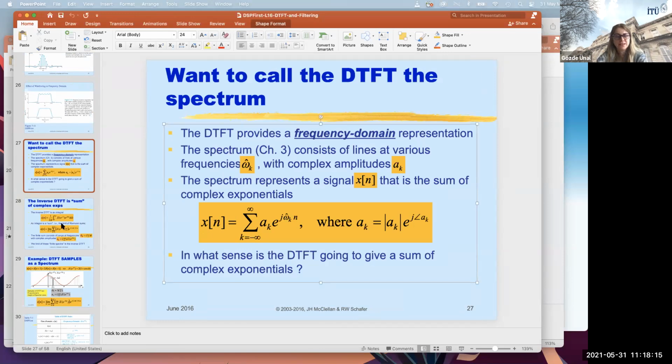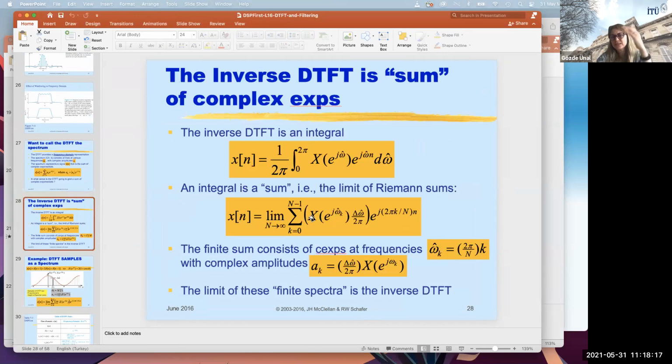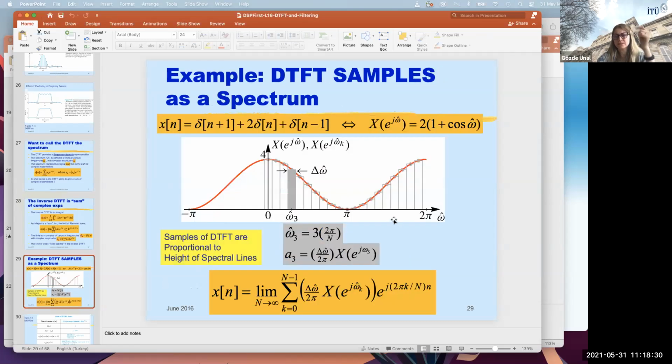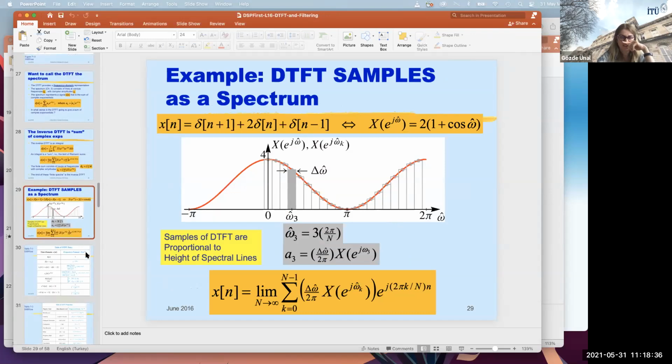That is what it's trying to say. And again, it summarizes the inverse discrete time Fourier transform. It's a sum in the sense of Riemann sums in the limit. But don't get confused. It's trying to talk about discretization. We will next time talk about discretization in the omega hat domain.